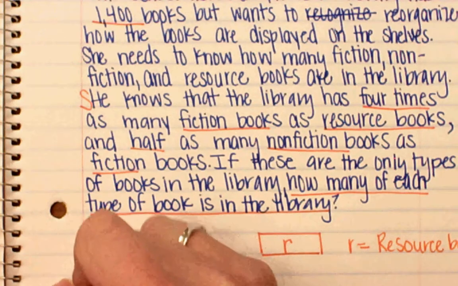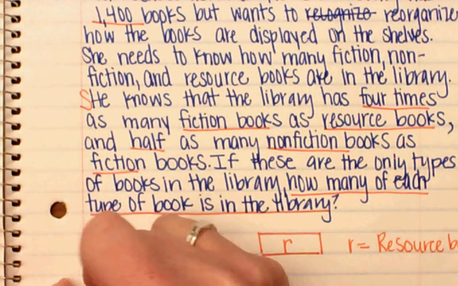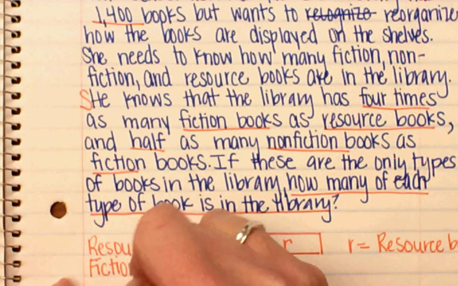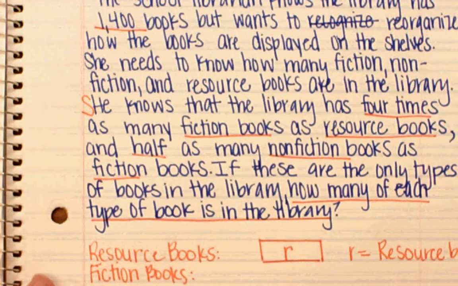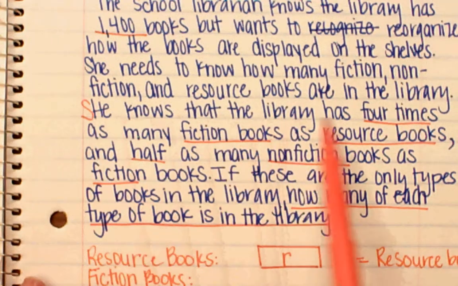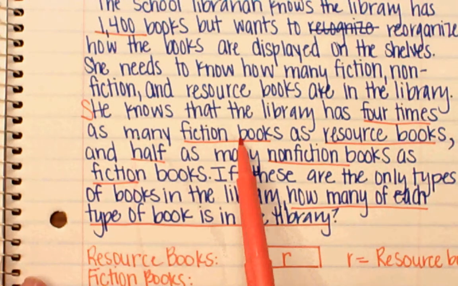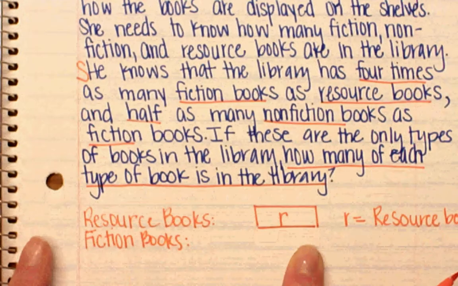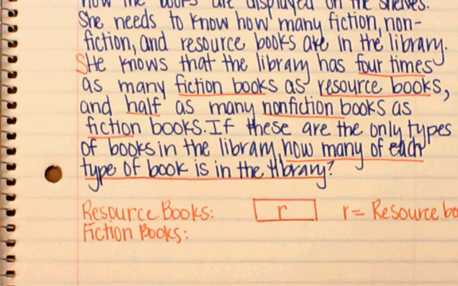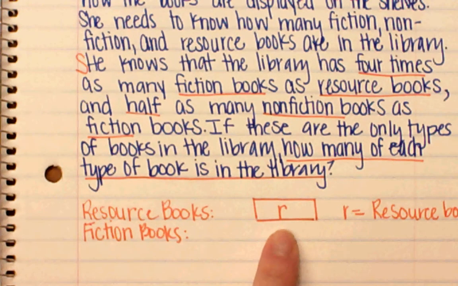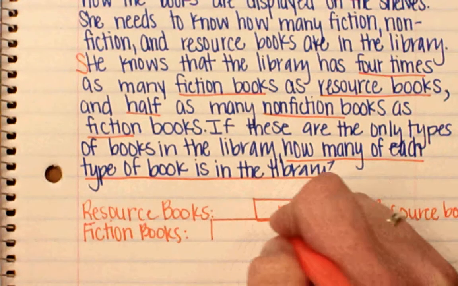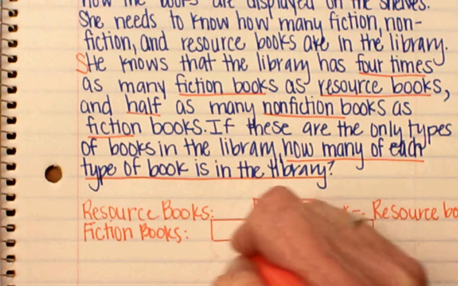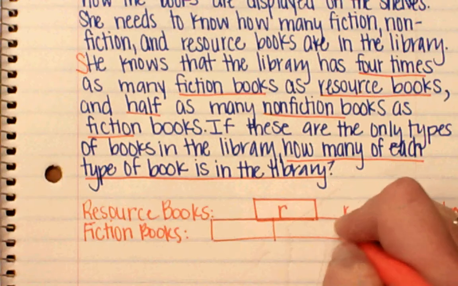And then I'm going to go with fiction books because I think that'll be the second easiest to deal with. Why do I think that's the second easiest? Well, it tells me in the story she knows that the library has 4 times as many fiction books as resource books. Well, if I already drew this tape diagram for resource books, then I know I just need 4 of this size pushed together to equal fiction. So I'm going to draw another tape diagram and have 4 pieces.